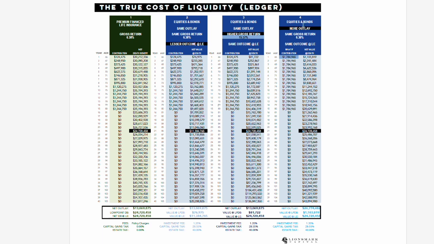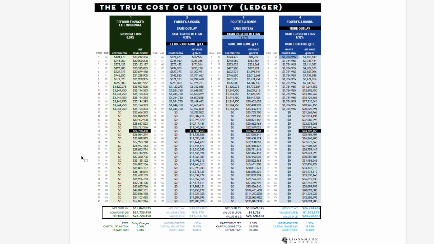And then lastly, in the far right-hand column here, assuming the same 6.3% gross return and assuming the same $24.7 million in net after-tax value at age 86, the client would have to contribute $1.7 million over a 15-year period. That's $26 million in after-tax contributions compared to only $13 million in the premium finance life insurance policy.